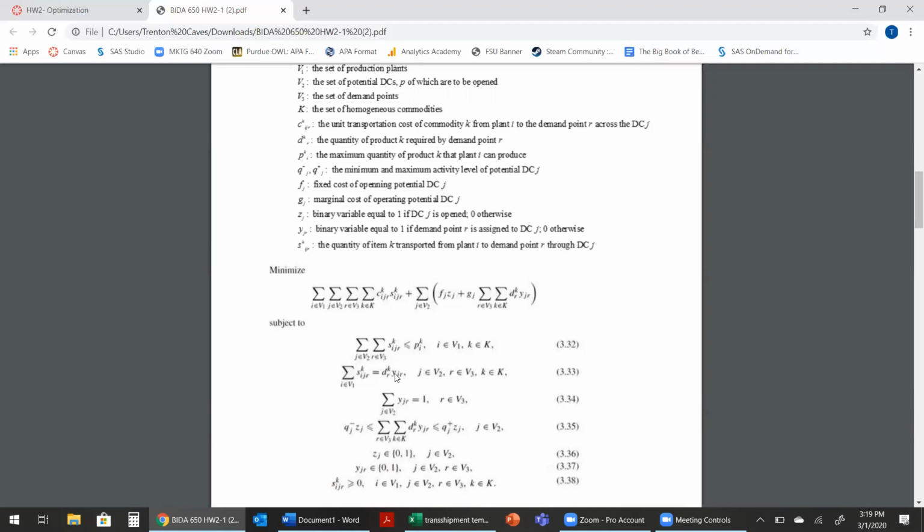So because not every distribution center will service every demand point, what this is saying is that the quantity transported has to be equal to the quantity demanded.